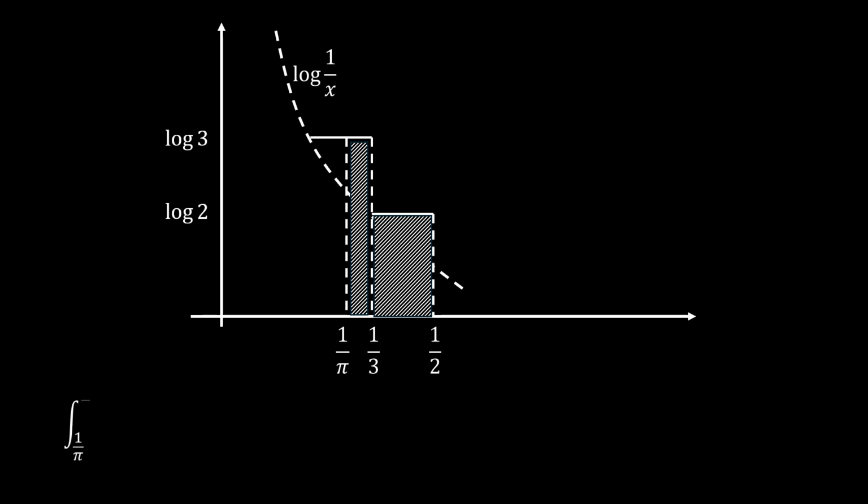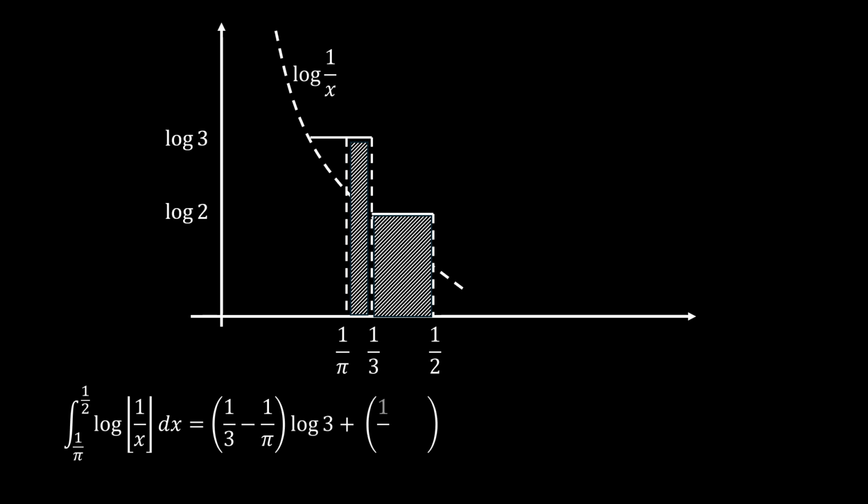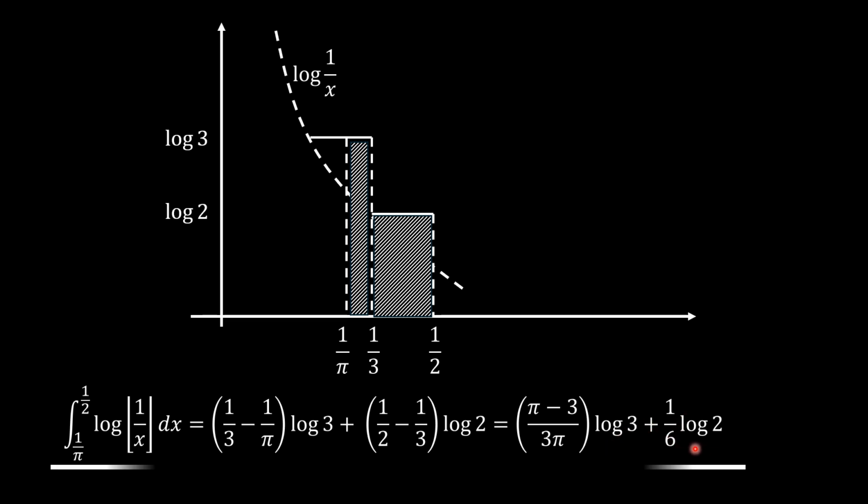So in other words, our integral is going to be equal to the width, which is a third minus 1 over pi, times log 3 for this very first rectangle, and then 1 over 2 minus 1 over 3 times log 2 for the second, wider rectangle. And so this becomes pi minus 3 over 3 pi times log 3 plus 1 over 6 times log 2. And this, ladies and gentlemen, was the answer that was required.